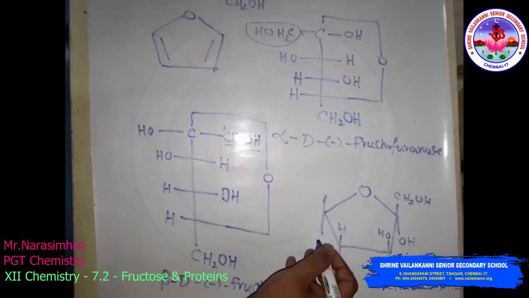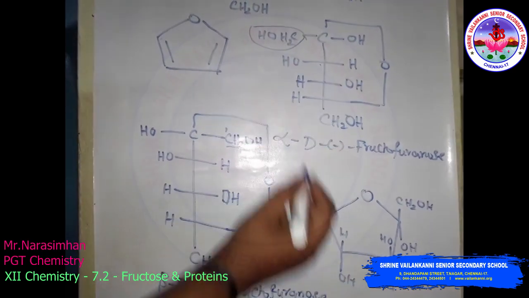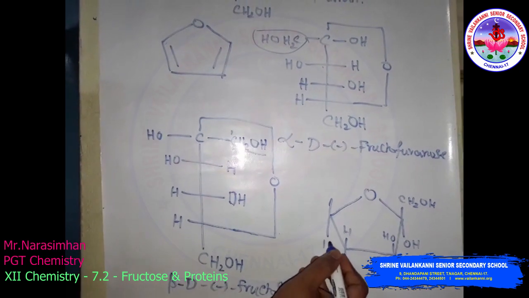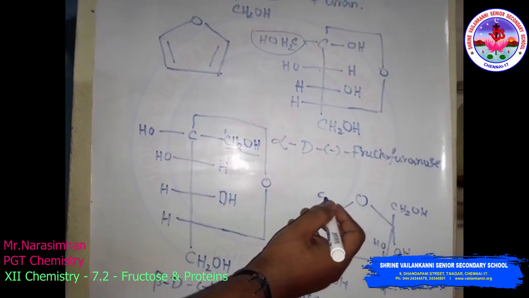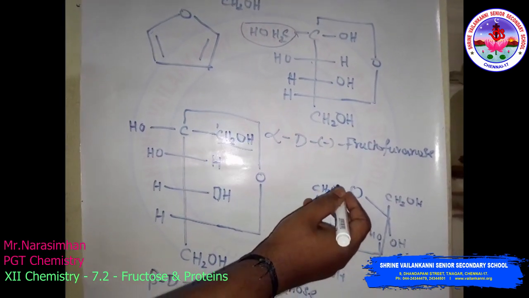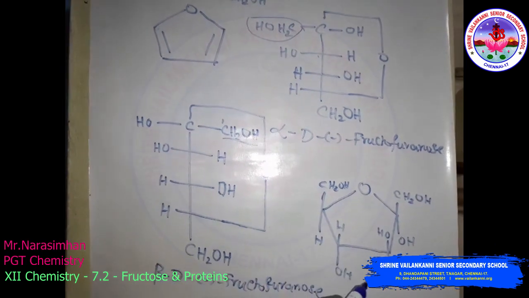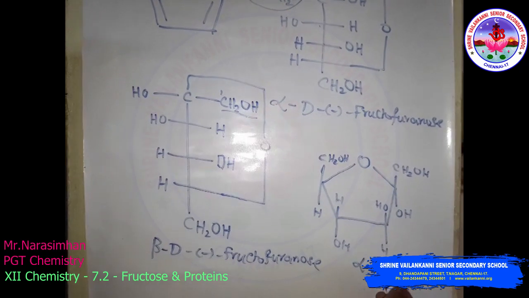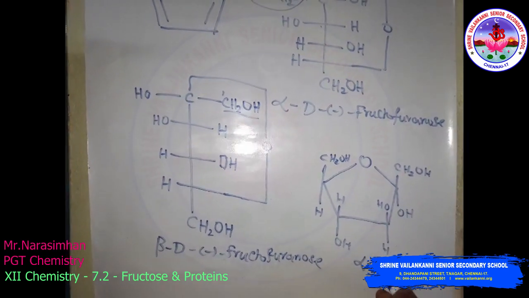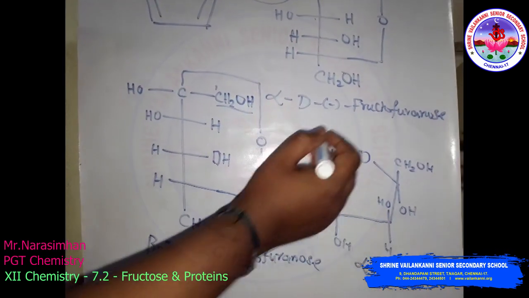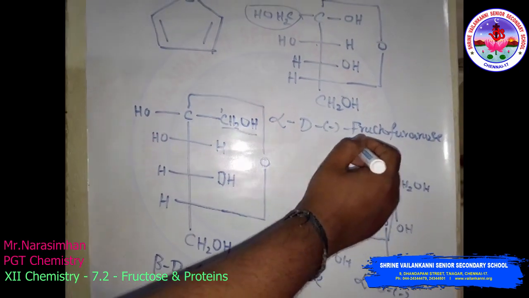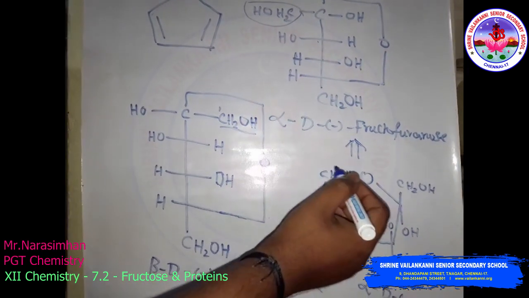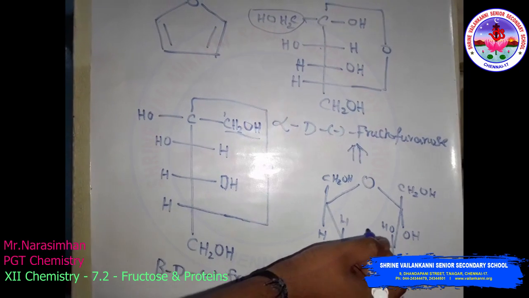Then here H and CH2OH. So this is called alpha D fructofuranose. I am just writing the Haworth form of this structure.